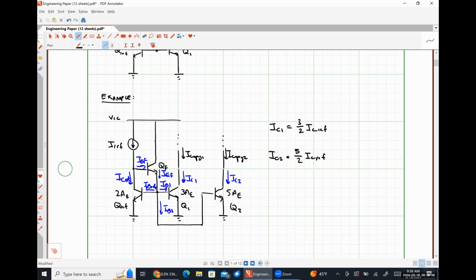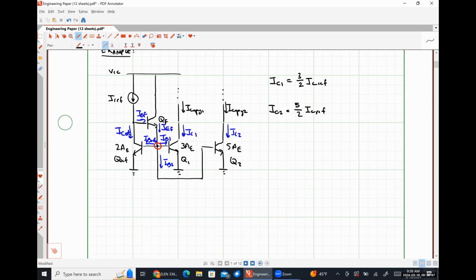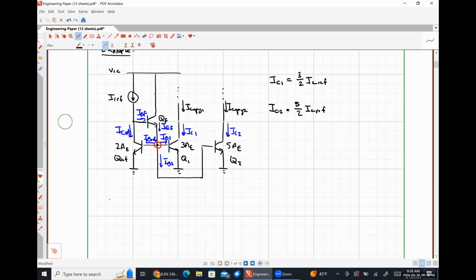Now we can apply Kirchhoff's current law at this node that I'll circle in red. Okay. And so that's going to give us the relationship IEF, so our emitter current for our follower transistor, is going to look like IBref plus IB1 plus IB2.